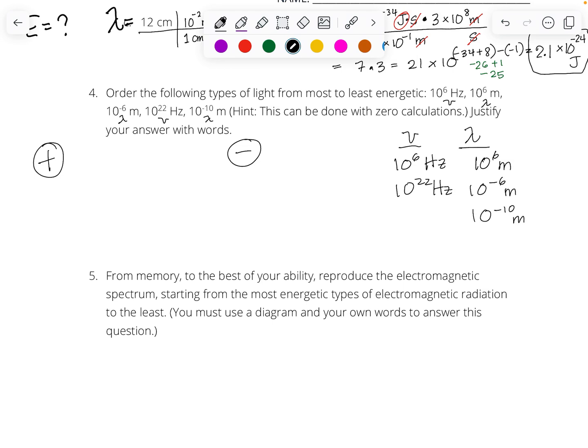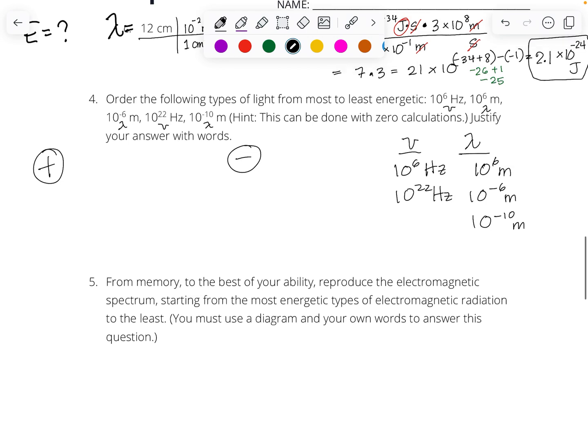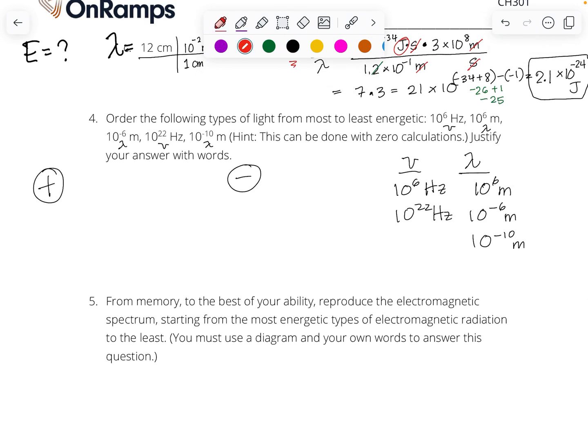Okay, so remember, our relationship between energy and wavelength and frequency is as energy increases, the frequency increases, but our wavelength decreases. So we want that to be the case over here.